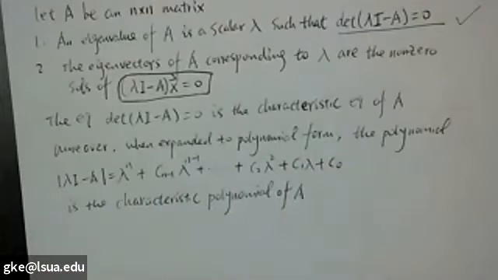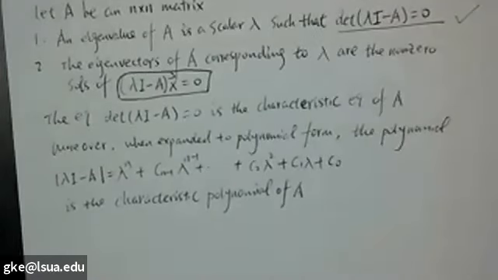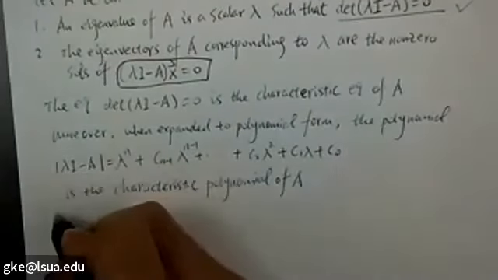Okay, so that's the property. Now let's take a look at an example of how to find the eigenvalues and corresponding eigenvectors.